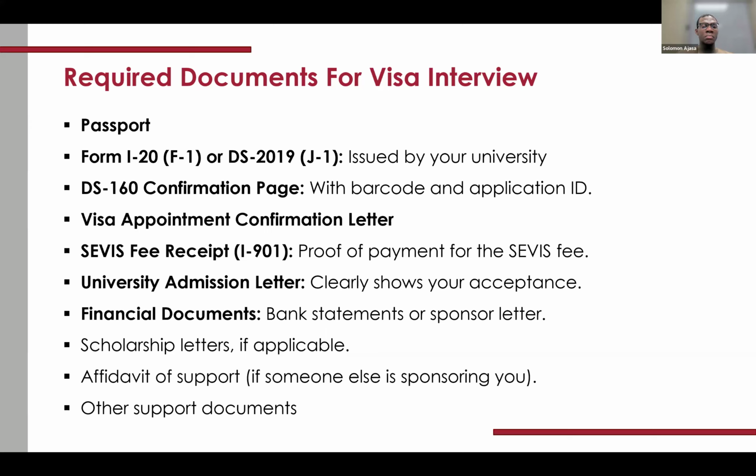I also forgot to mention that these are non-immigrant visa types. So it means that you are a citizen of another country, regarded as an international student coming to the United States. So you will definitely need the passport of the country that you're coming from. And then you would be provided or issued the I-20 form or the DS-2019, as I mentioned earlier.